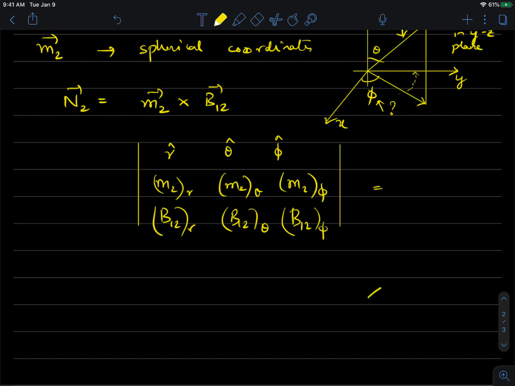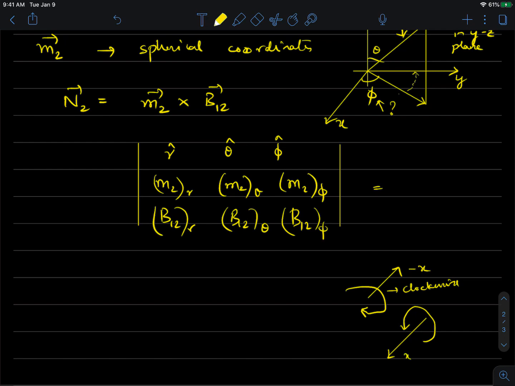If the direction of the torque is along the negative x direction, then it's clockwise.